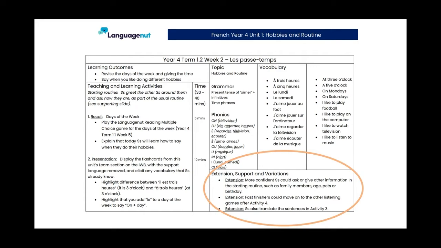On this particular lesson plan, you can see we've got 3 extension activities. Sometimes there'll be more suggestions, sometimes fewer. Often we'll have the suggestion that during the starting routine, students can give more information.